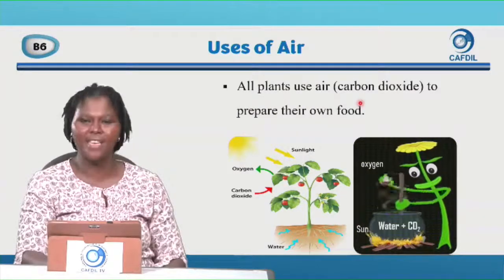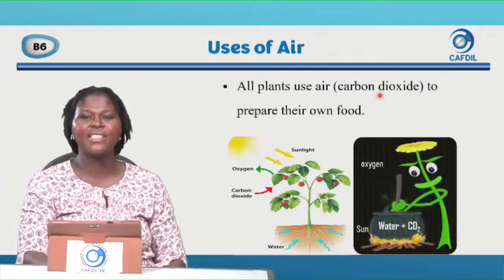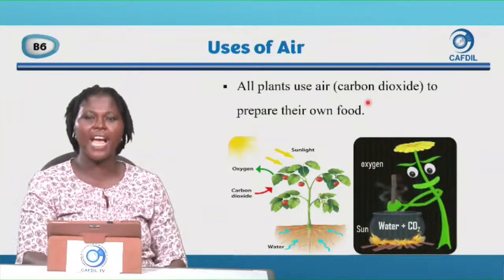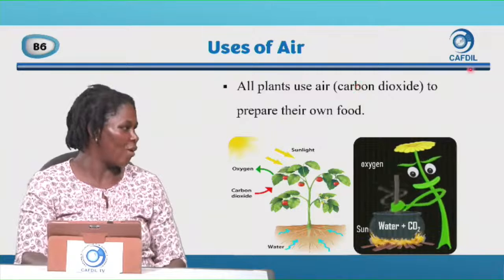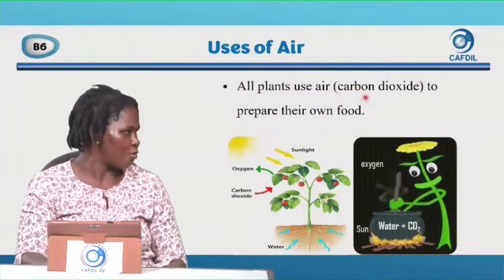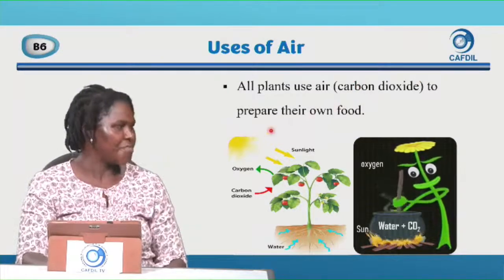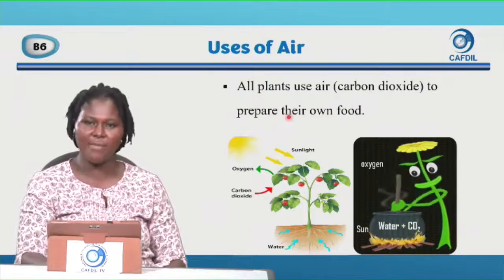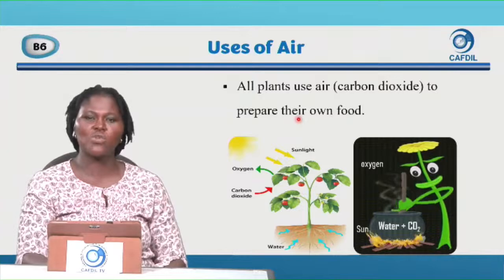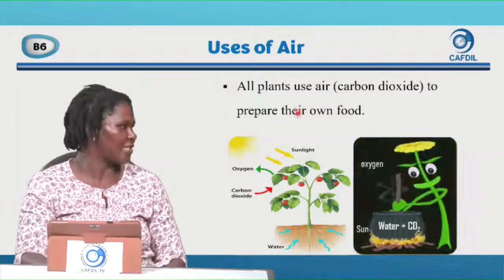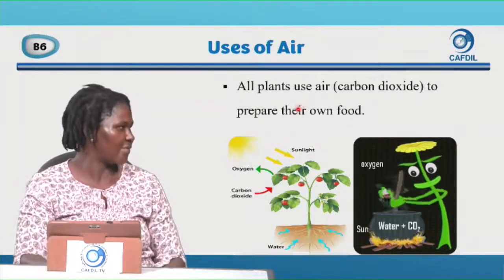As I was saying, they use carbon dioxide to prepare their own food. Plants use carbon dioxide to prepare their own food. And they bring out oxygen. And we human beings and then animals, we also use the oxygen that they bring out.